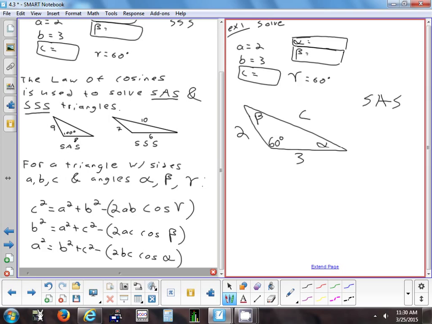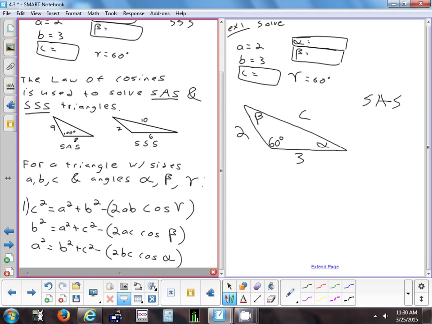When you have a side angle side problem, you have to do it in a certain order. There's something you have to find first. Anyone have a guess what we're going to have to find first? Or if you're not sure, think about which version of the law of cosines you're going to have to use.